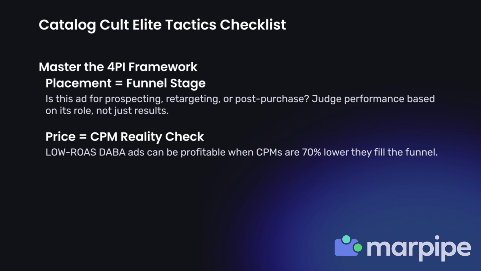Low CPMs mean people enjoy that content. High CPMs mean they don't. And that relates to efficiency. High frequency ads with an above average CPM should be more efficient because you are hitting premium inventory more often. And those people are only seeing your ads because they're looking to buy.